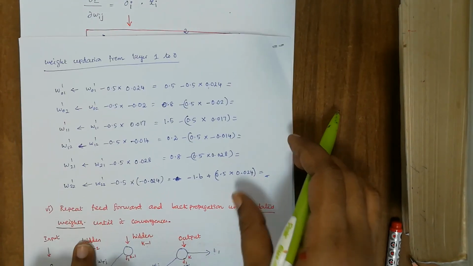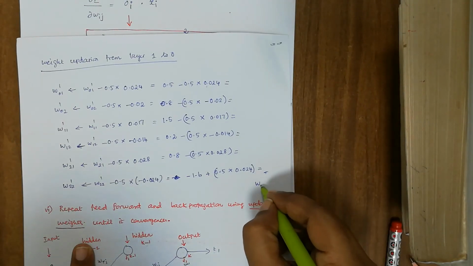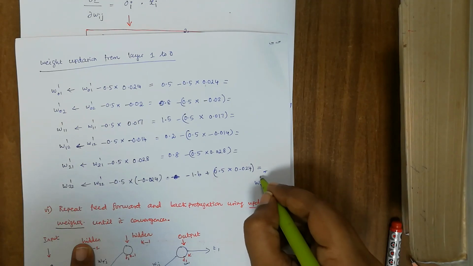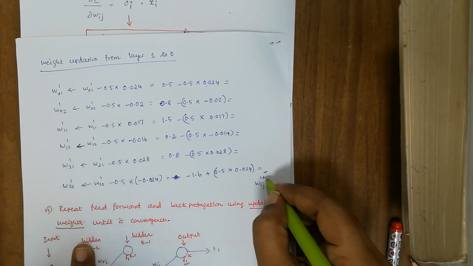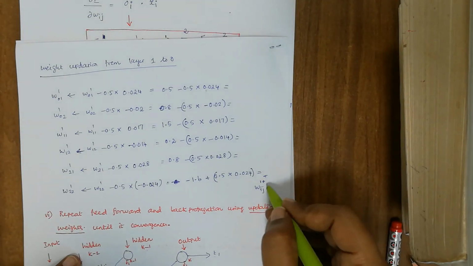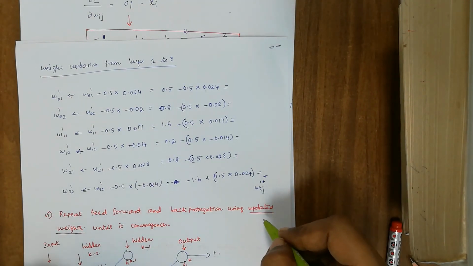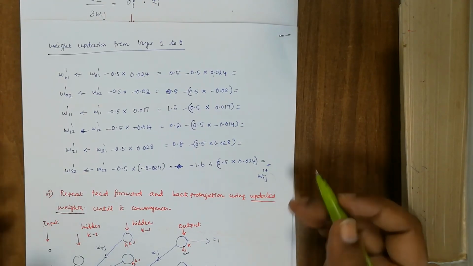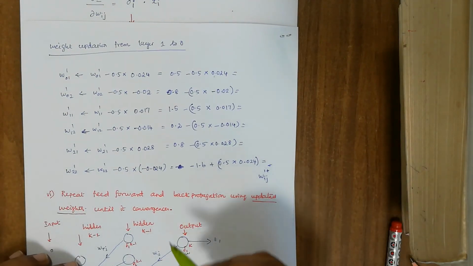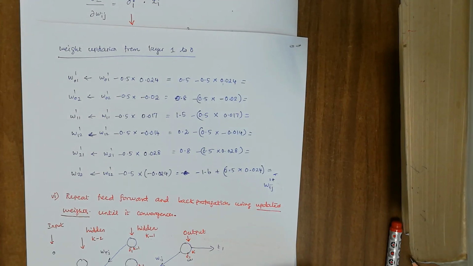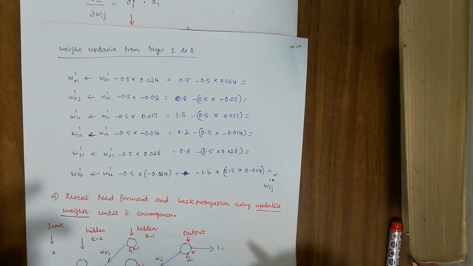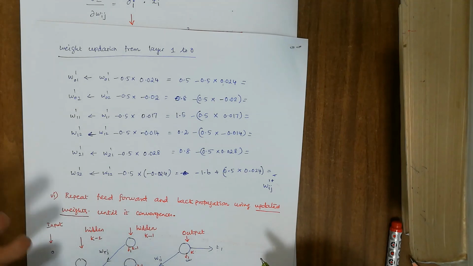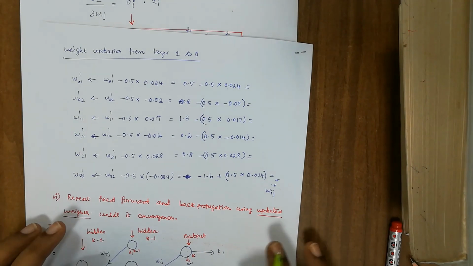Suppose the new weights are denoted as Wij layer 1 plus. This plus denotes the new weight, and we do the same feed forward and back propagation with the updated weights until convergence. It can take 1000 or 10,000 iterations to converge, or until all the samples are correctly classified.